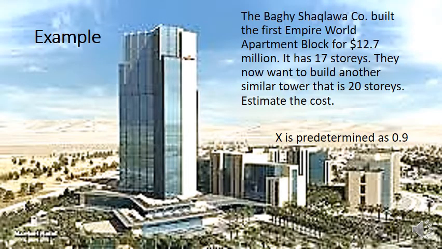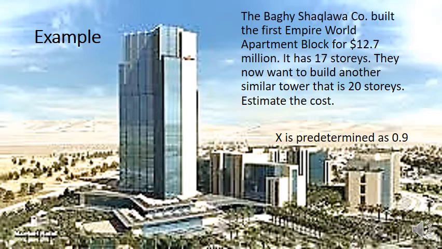So let's look at an example here. The Bagi Shaklawa company, which is a real estate developer in Erbil, they built the first Empire World apartment. So that's just on the inside of 100 Meter Road. The first Empire World apartment, and they built it for $12.7 million.